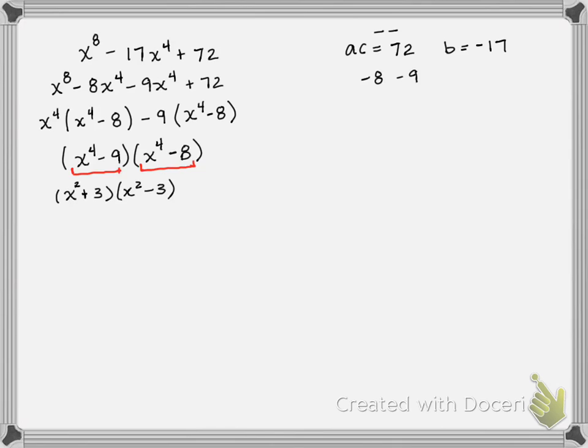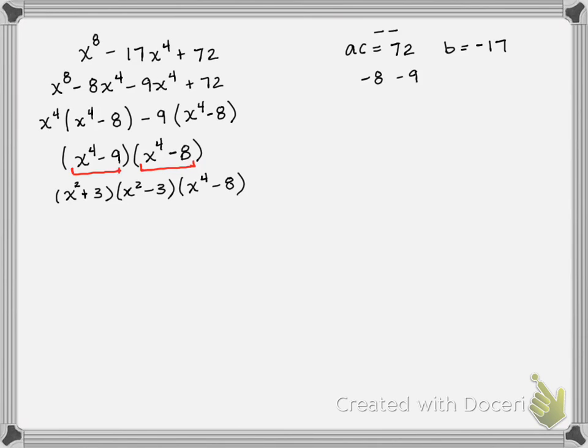Now, can x to the 4th minus 8 be factored? It cannot, because 8 is not a perfect square. 4 times 4 is 16. So this stays the same. But then I have to look at x squared plus 3 and x squared minus 3.